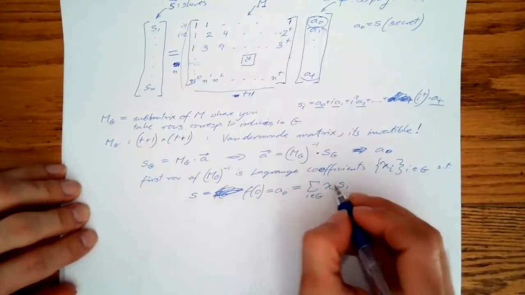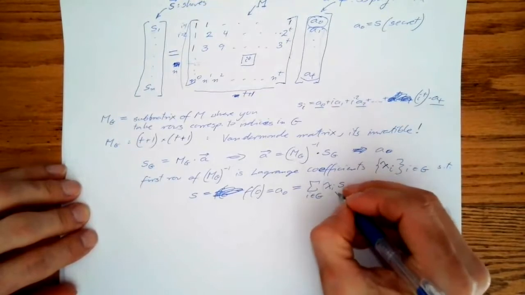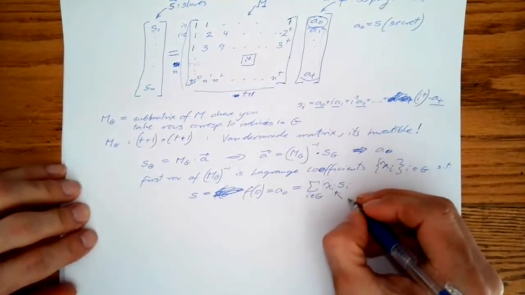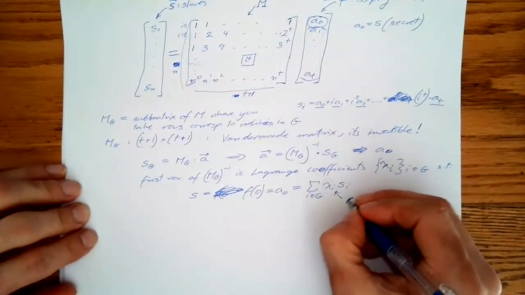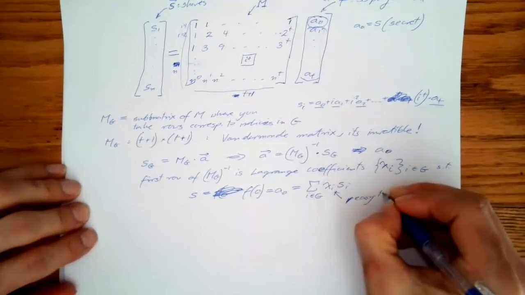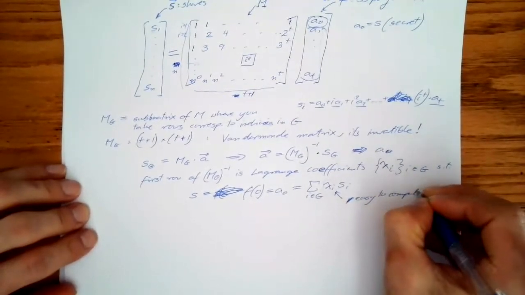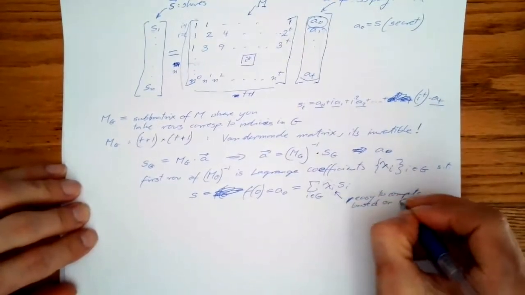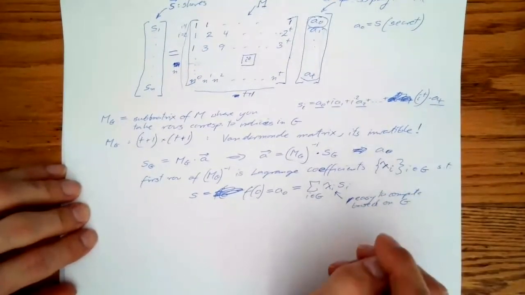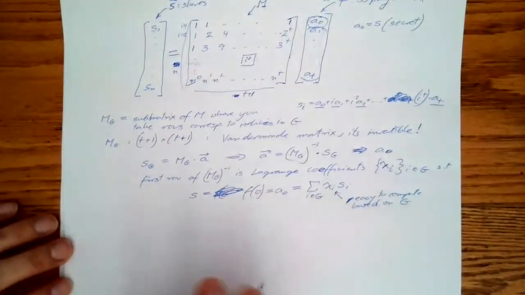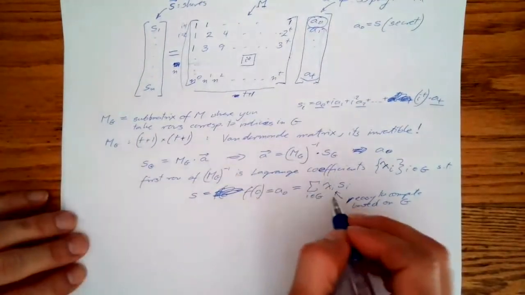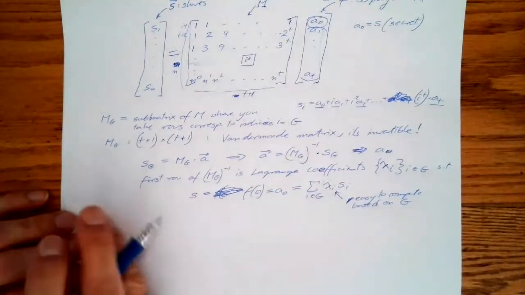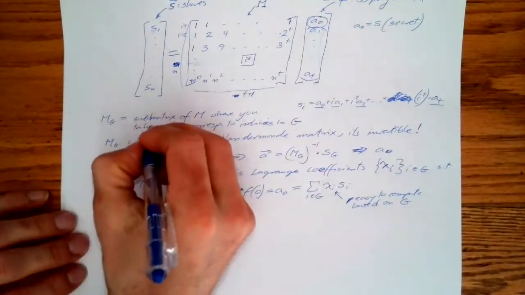These are easy to compute, based on just the set G. We can give the closed form, but it's not that complicated.